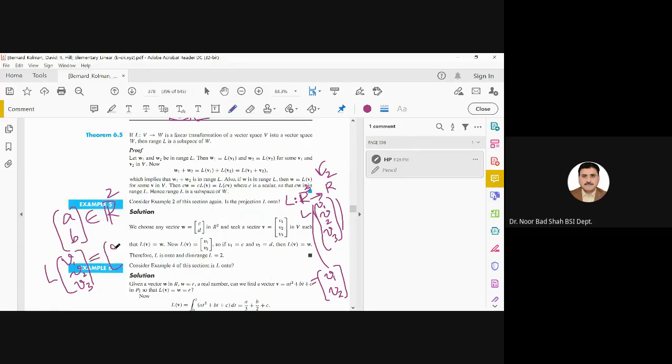We equate that to AB. Now by definition, L of V1, V2, V3 is only V1, V2.